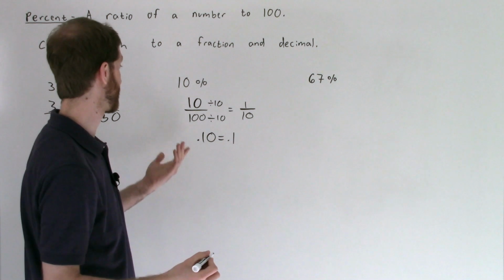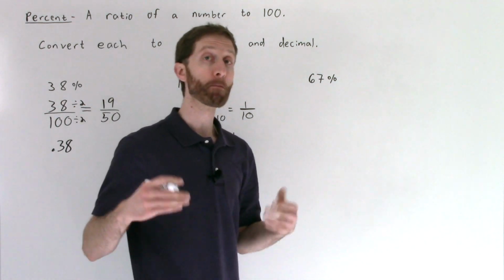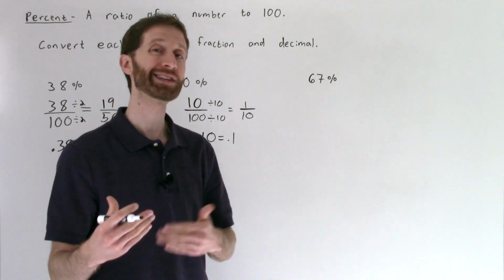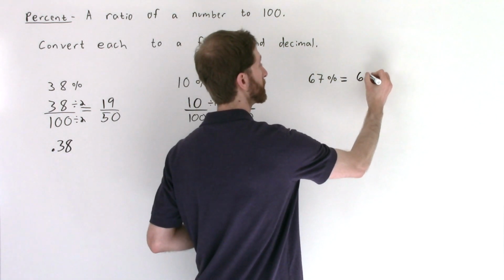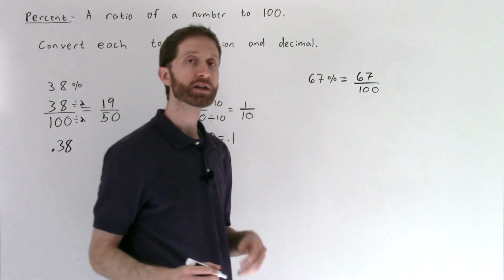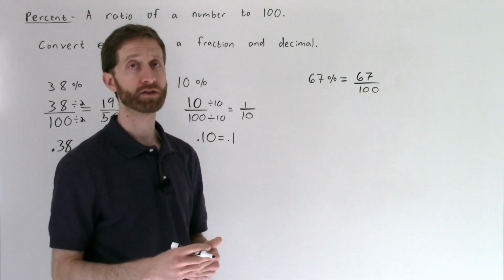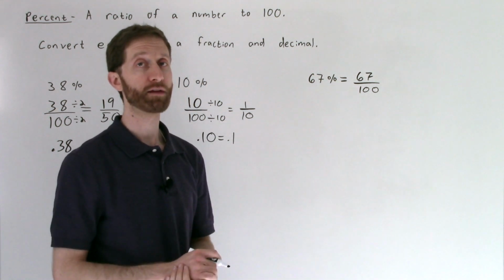Converting percents into decimals or into fractions. So let's take a look at 67%. That is 67 per 100. So that would be equal to 67 hundredths. 67 and 100, neither of those have a common factor between each other that is greater than 1, so we cannot reduce that fraction anymore.